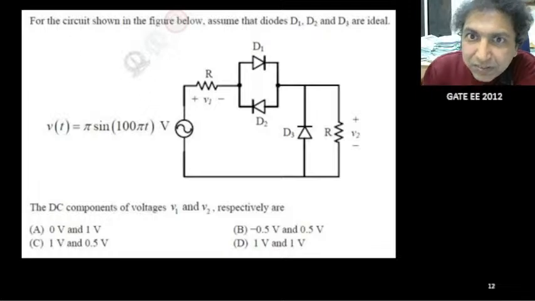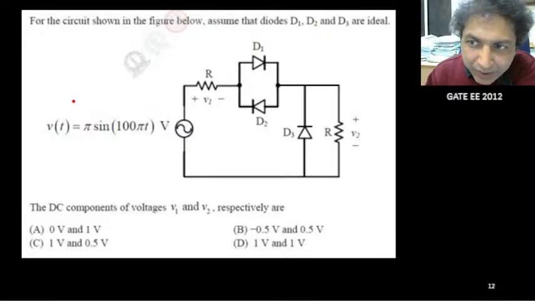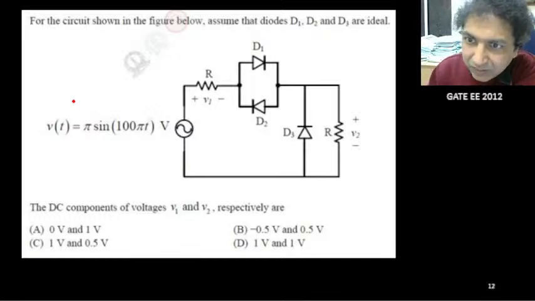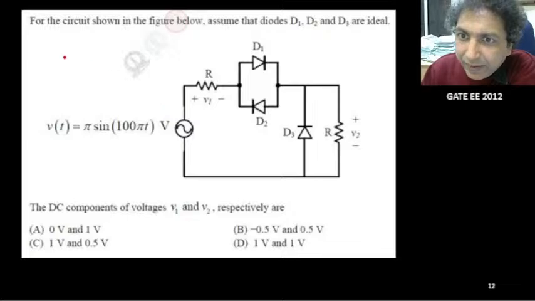First we need to understand which diode is on, which diode is off, and at what time. So can we consider this thing, suppose I draw it here only.